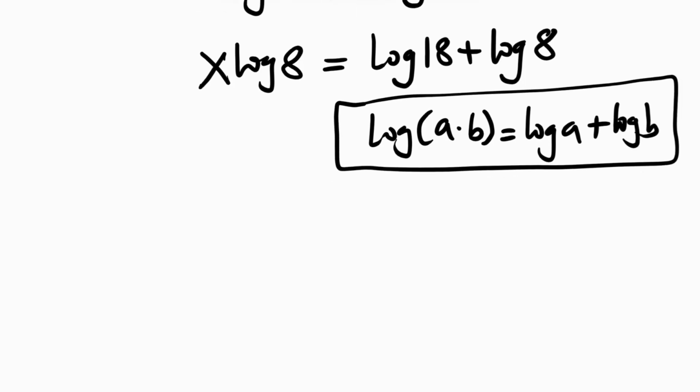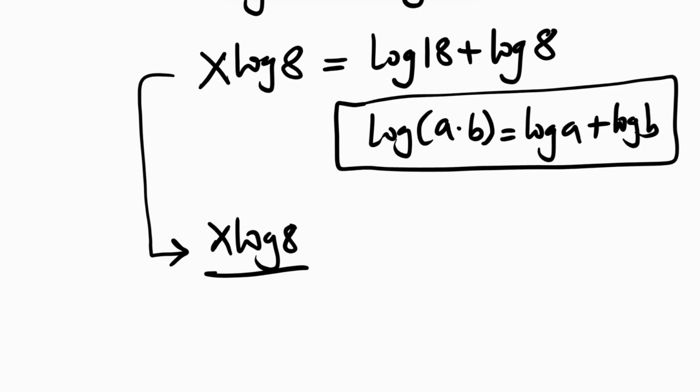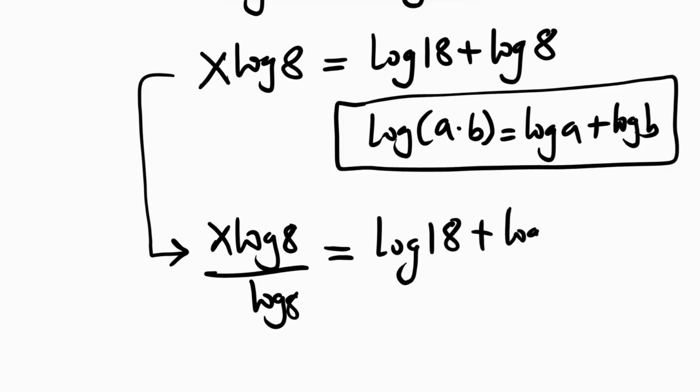Right. So moving on, we can divide both sides by log of 8 so that we can have x standing alone. So this becomes log of 8 divided by log of 8 equals log of 18 plus log of 8, all divided by log 8.